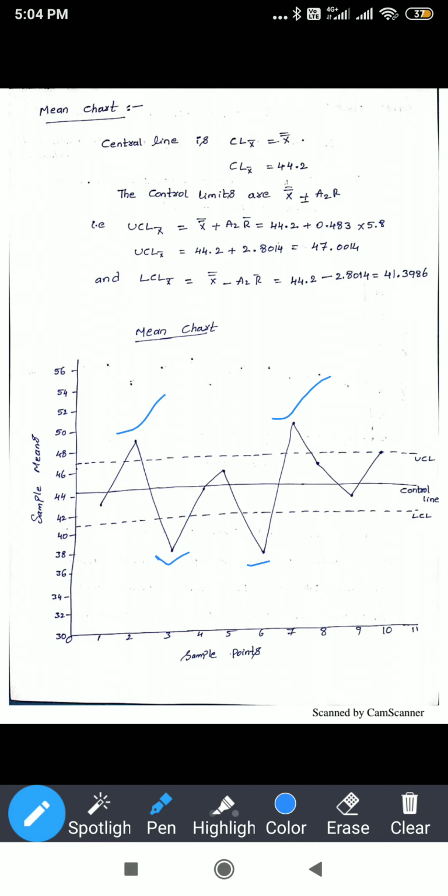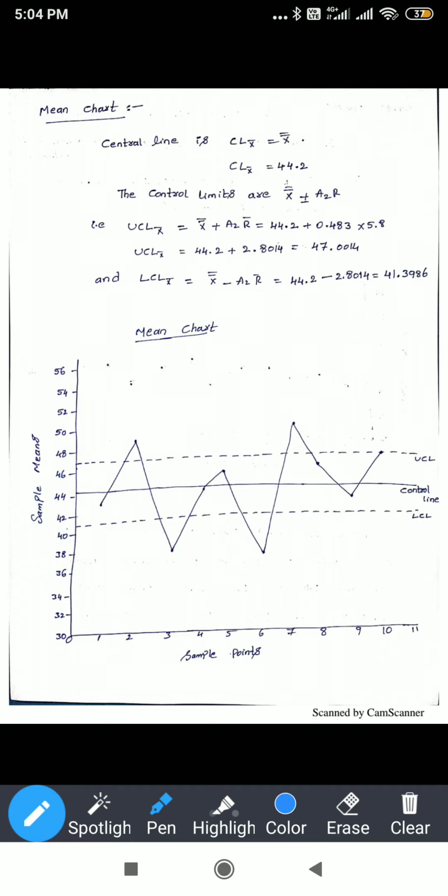If all the points lie inside these UCL and LCL limits, then only the process is in control. Now, we are having 4 points plotted outside the limits. So using this mean chart, we say that the process is not in control.